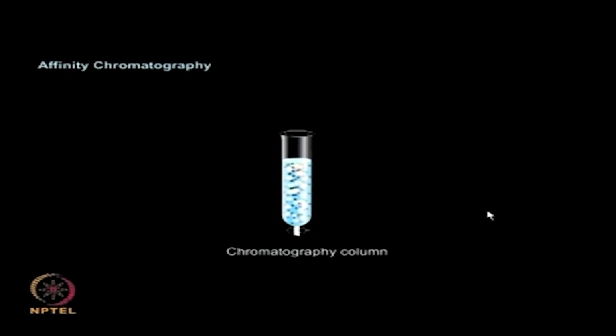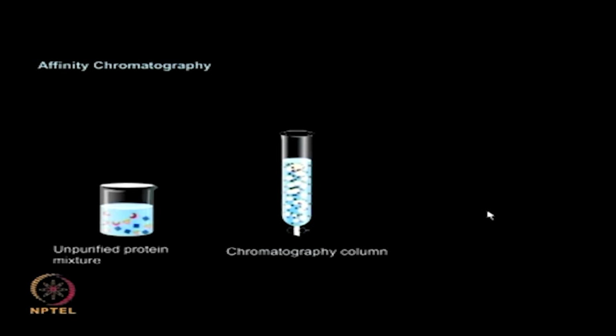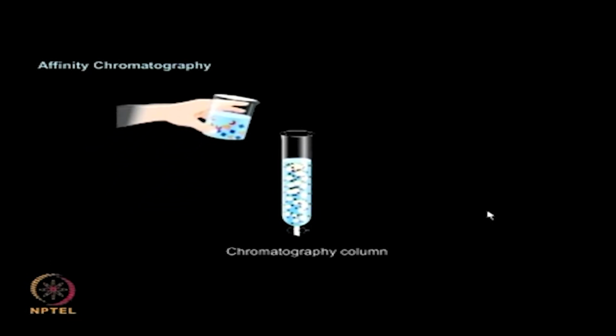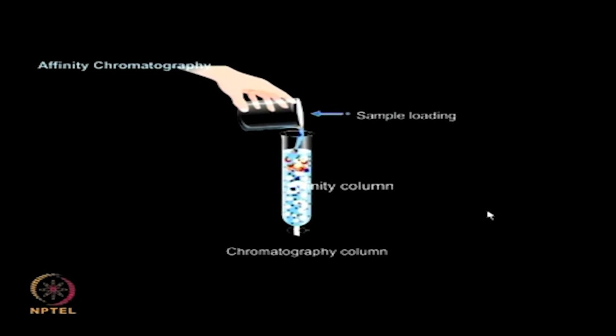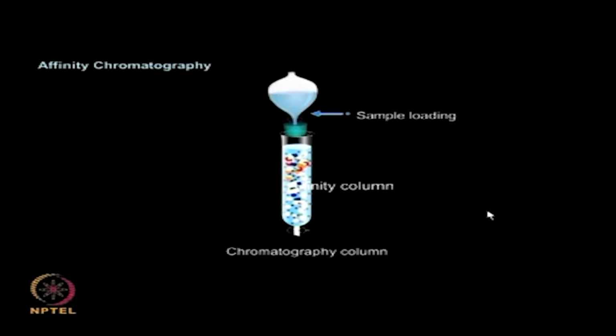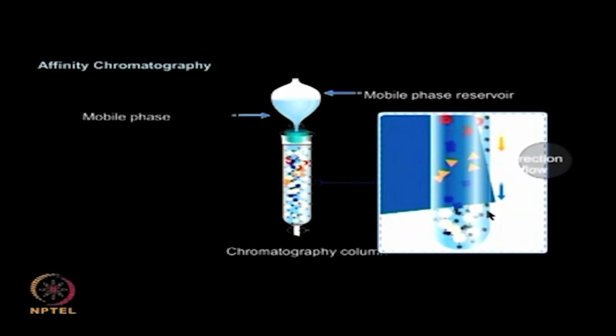The column is first packed with a suitable resin that has been covalently coupled to the ligand specific to the protein of interest. This derivatized affinity column is then loaded with the protein mixture containing various proteins having different properties and interaction specificity.